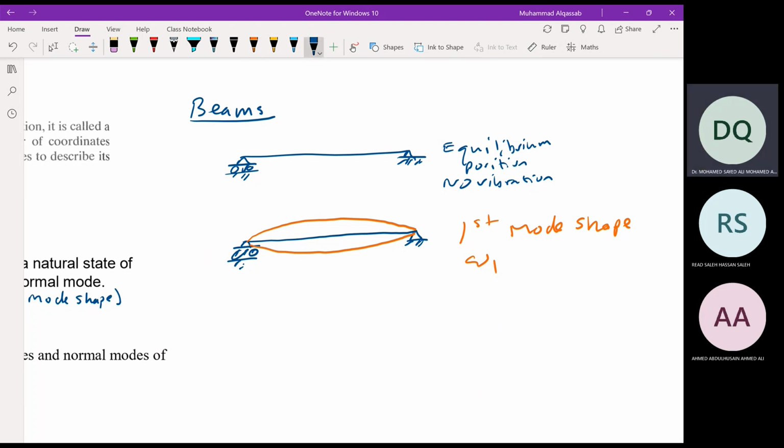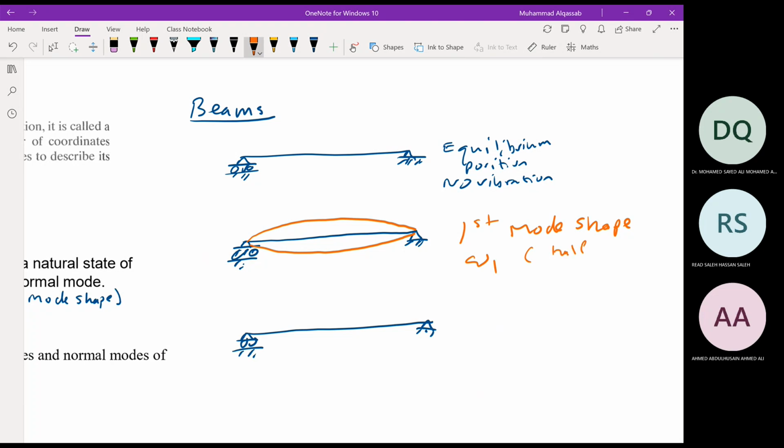The second mode, it will oscillate similar to a sine wave. This is the first mode, like half sine. This is the displacement of the beam, and this is related to the length of the beam. Measured, let's say if you measure x from here, this is y, and this is x.